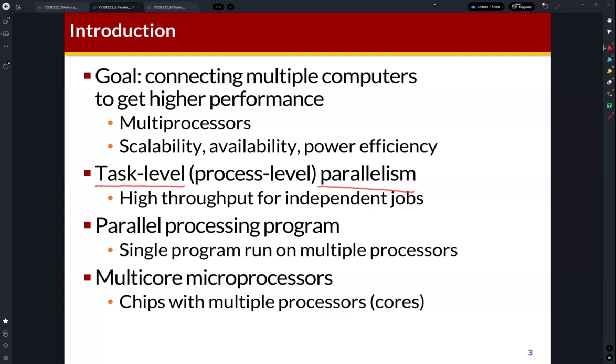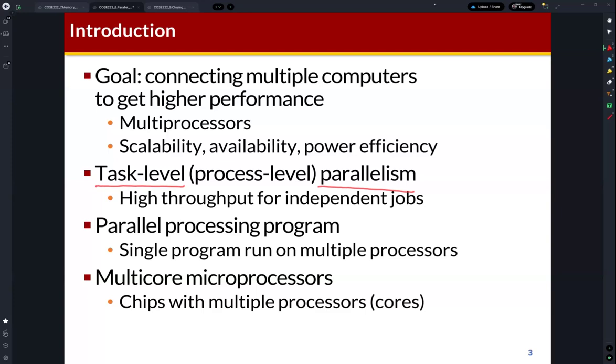So multiple threads are generated, and when we run this matrix multiplication application, the multiple threads are assigned to the multiple processors, and then we can run this application.